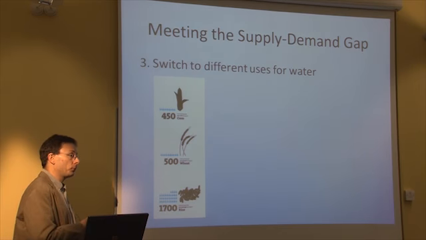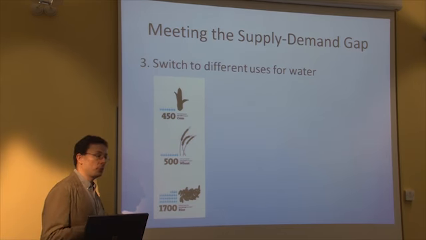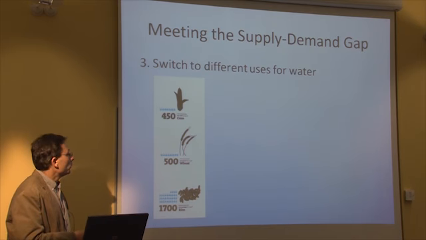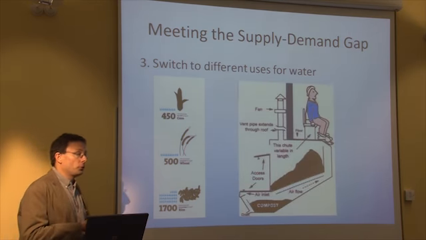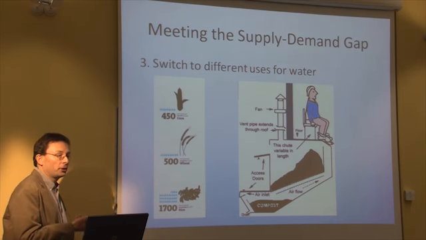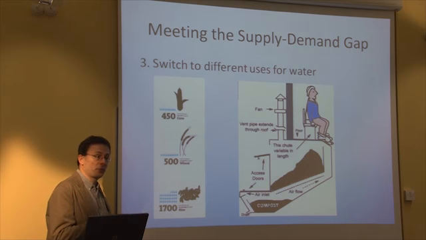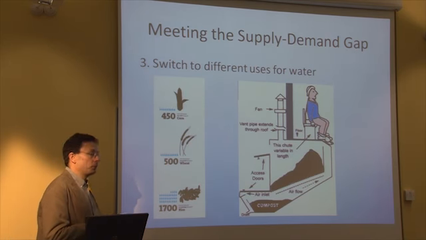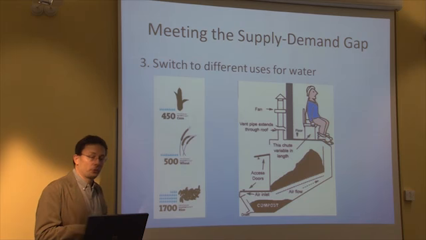We can switch from animal food products to non-animal food products and have a very different water footprint. We can also change the way we use water domestically. So we can switch from, for instance, flushing loos to composting loos. We can actually change the way that we treat our waste and just take water out of the situation altogether. Now, these aren't always appropriate solutions, but they are solutions that should be considered.